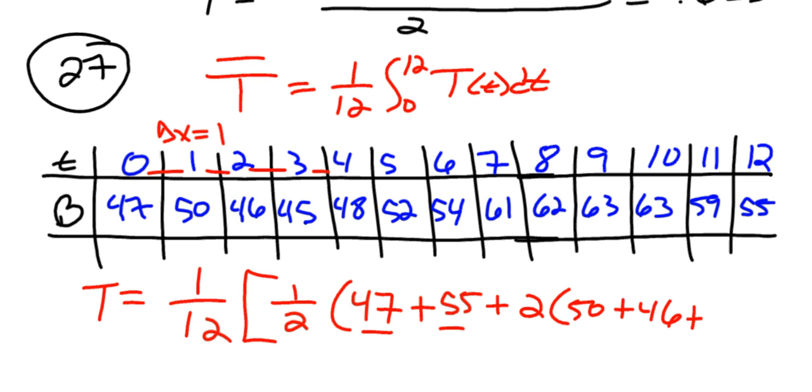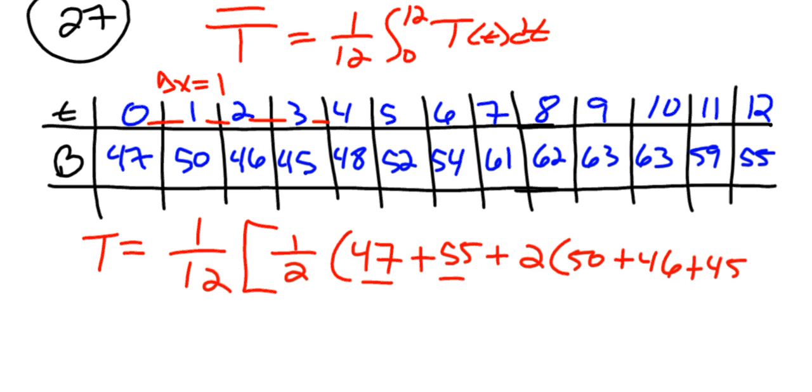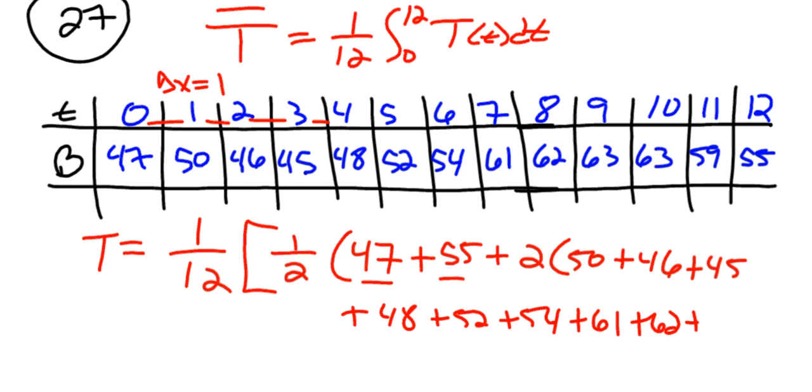So when I have my data point for 1, 2, and then I'm going to try to squeeze all these in here: 45, 48, 52, 54, 61, 62, 63, 63, 59. So this is like the first example of the trapezoidal rule that we had.